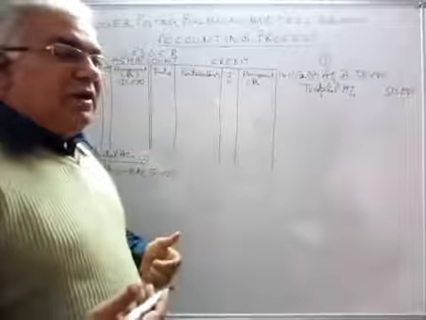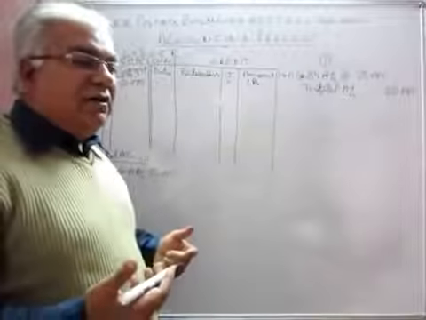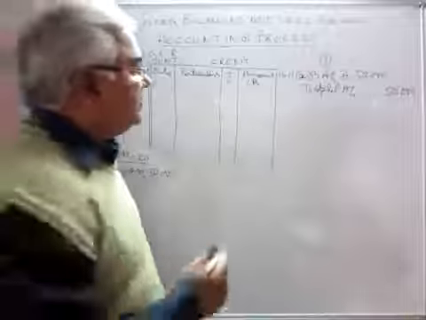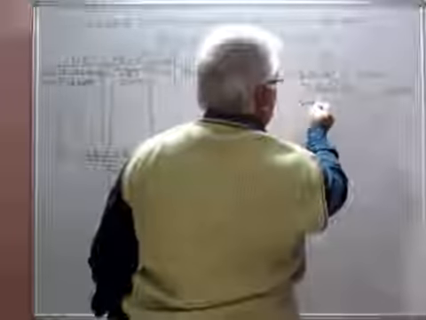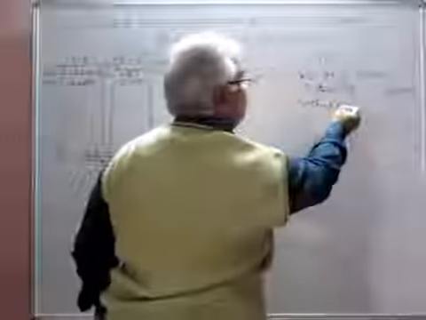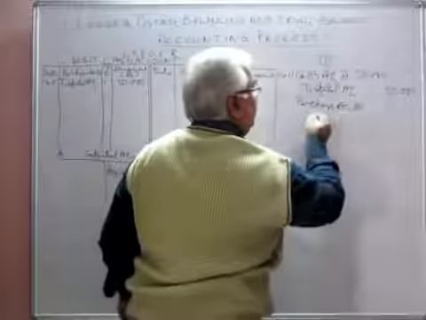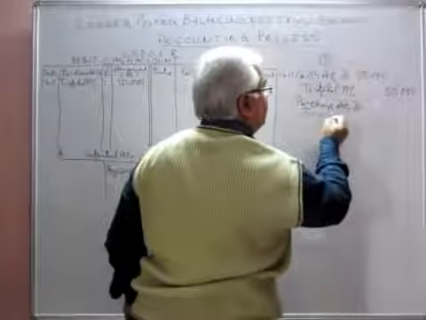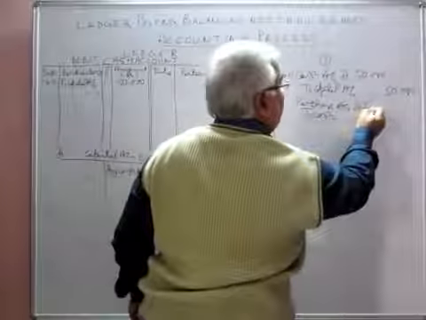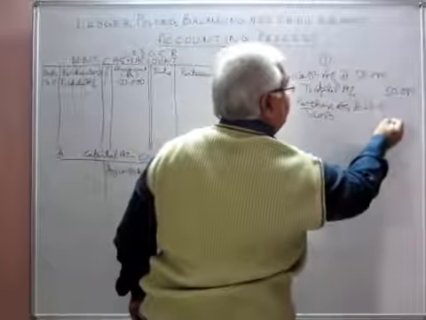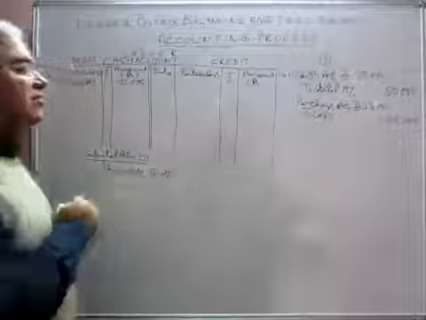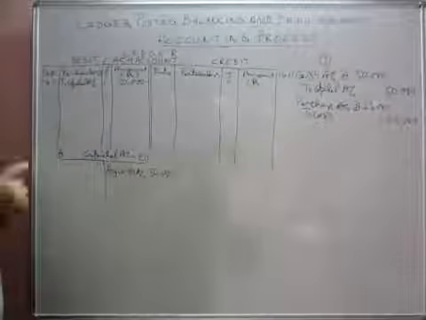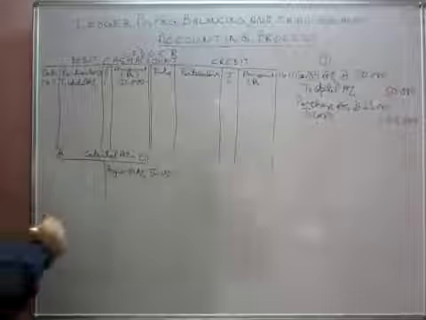For example, if we buy goods on cash, say for 25,000, our entry will be purchase account debited to cash, 25,000. In this case again, purchase account will be debited and cash account will be credited.